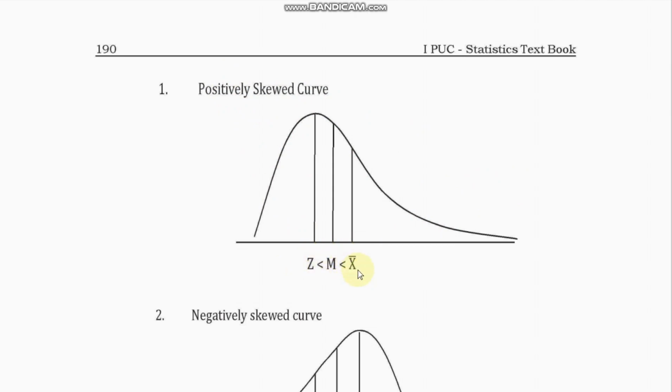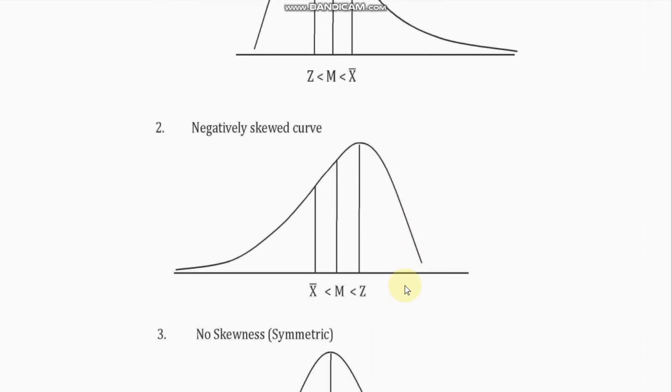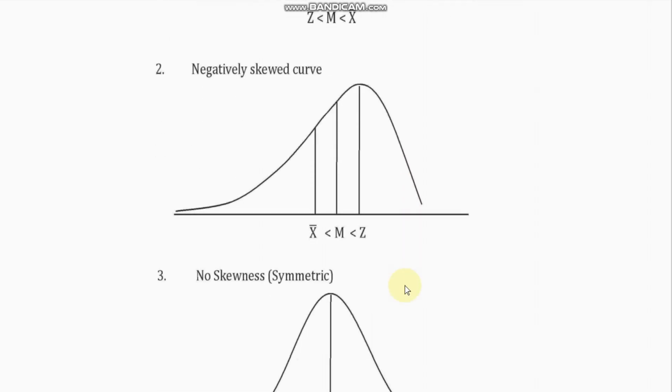So mean will be highest, followed by median, and then mode. For a positively skewed distribution, the mode will be the lowest value and the mean will be the highest value.